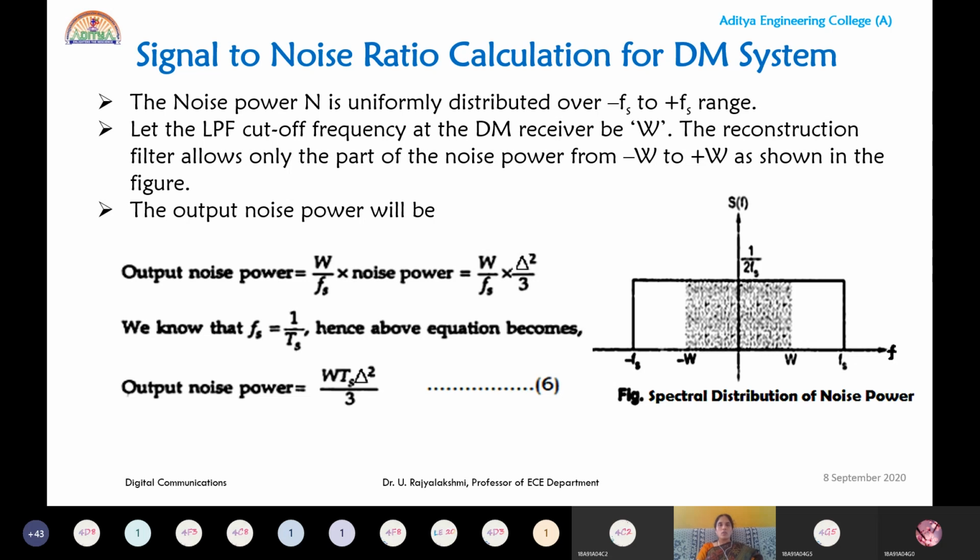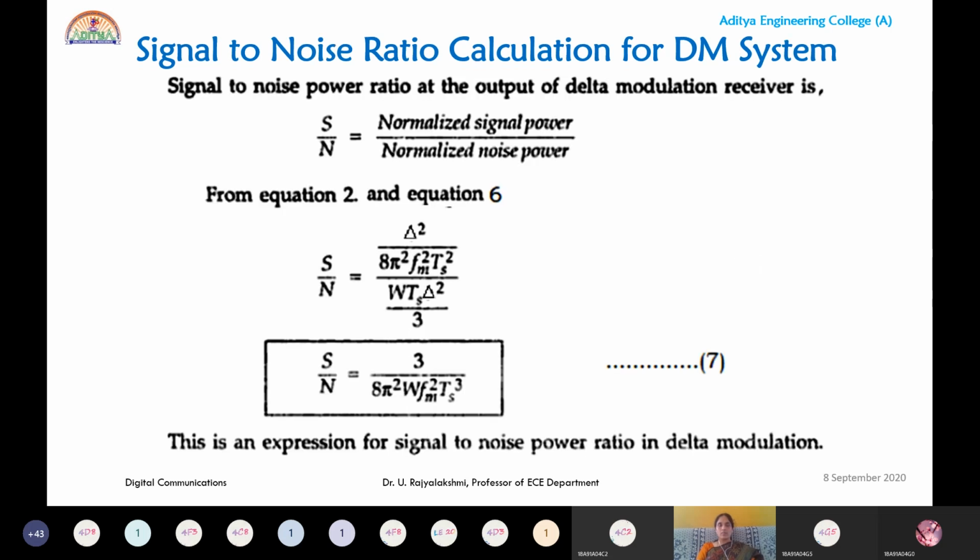Now we know the definition for SNR. What is the expression for SNR? It is generally defined as the ratio of normalized signal power to normalized noise power.